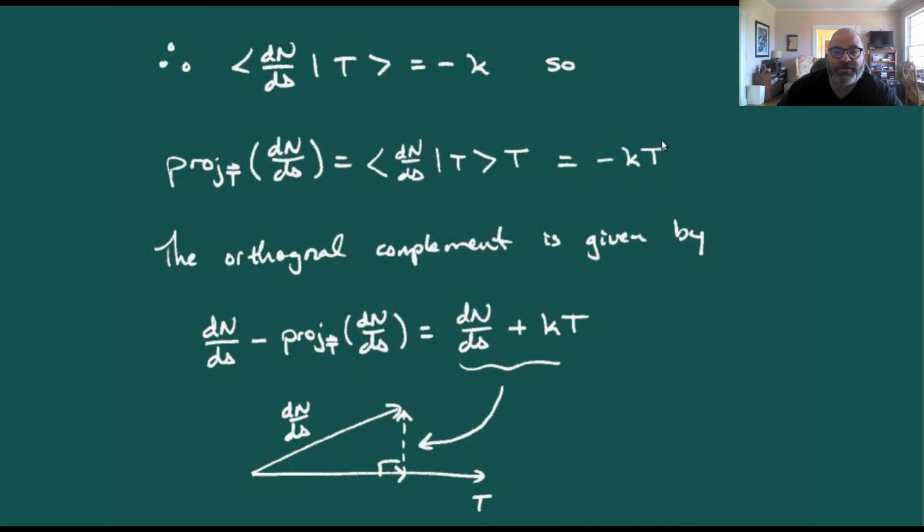Our projection was negative kappa T, so when we move it over it becomes positive. So this is the orthogonal complement of dN/ds when we take out the projection in the direction of T. Where we're going with this, we'll save for the next video, and I will see you guys then.